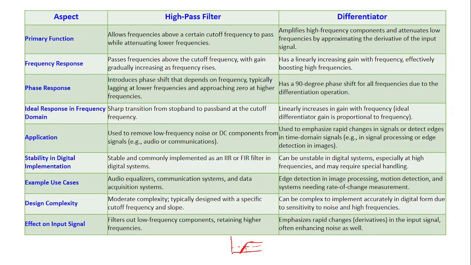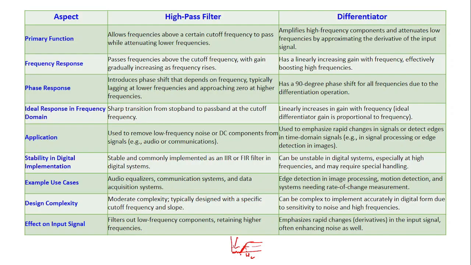Now if you look into this region, what is happening? At frequencies much lower than the cutoff frequency of the high pass filter, there is complete blocking of the frequency components. Okay, all the frequency components will be blocked.